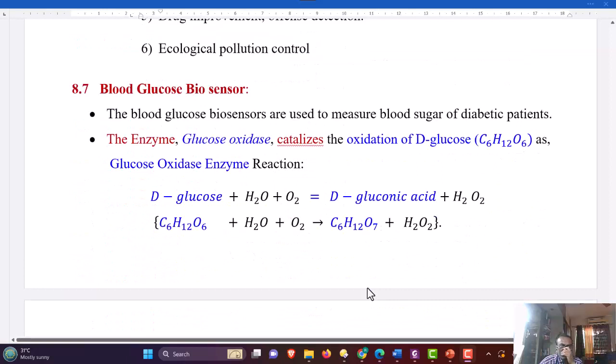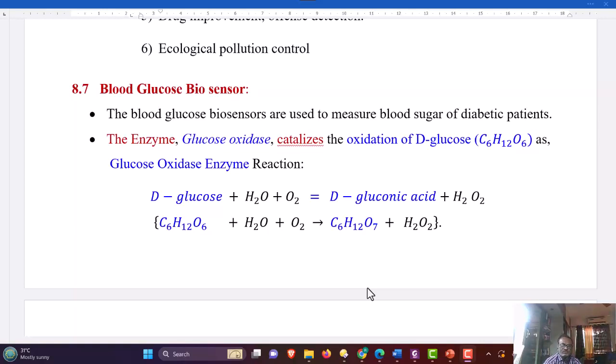A typical example of a biosensor is the blood glucose measurement sensor. The blood glucose biosensor is used to measure the glucose content in the blood of a diabetic patient. In this sensor, the enzyme glucose oxidase is used as a catalyst, and the reaction with the blood takes place, which causes oxidation of D-glucose, that is, the glucose content in the blood.